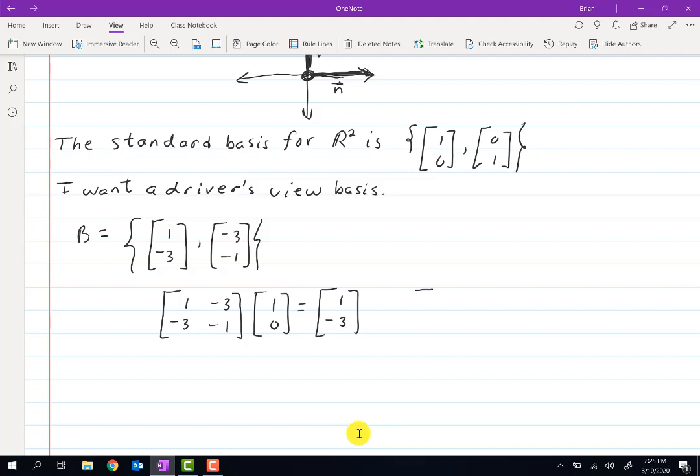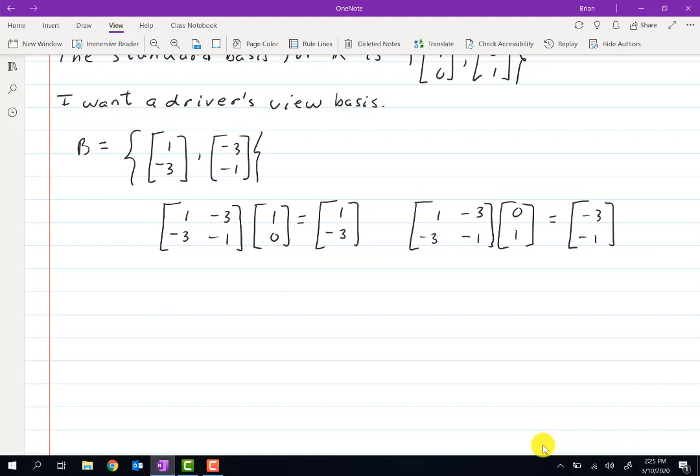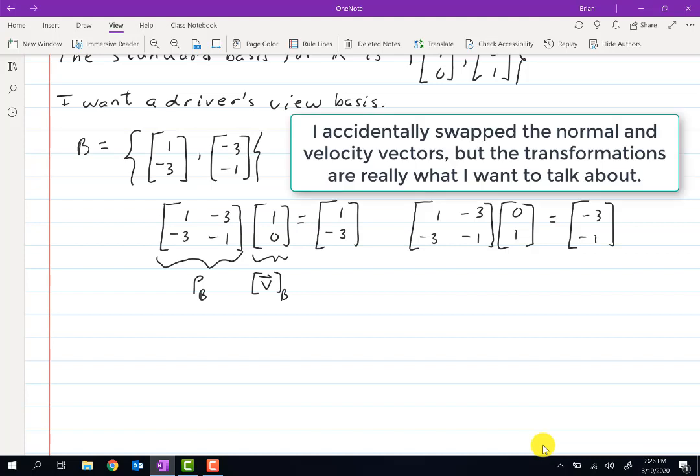Similarly, if I take that same matrix and multiply it by the second standard basis vector, I'll get the other vector, -3, -1. So let me give names to all of these things. This matrix here, we're going to call P sub B. This vector right here, it's the velocity vector, but it's the role I would like it to play after I make my transformation.